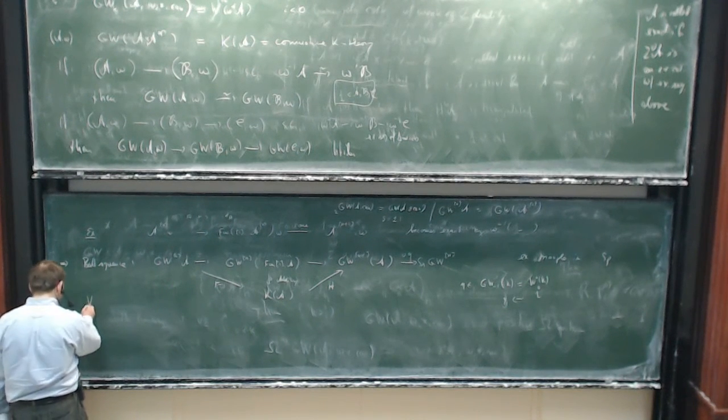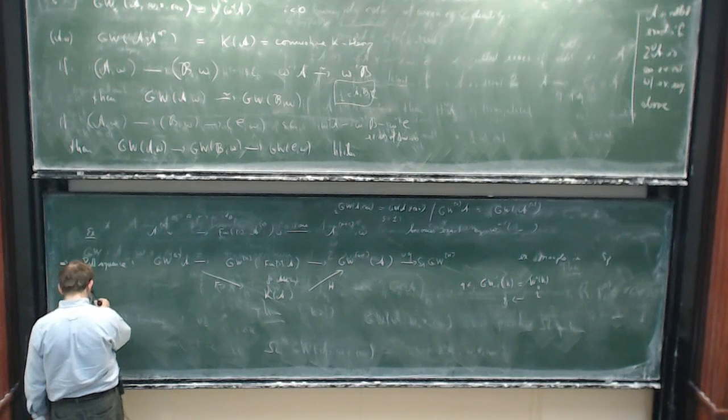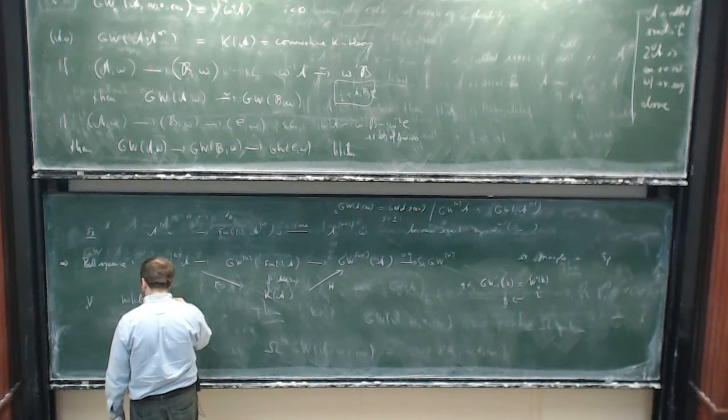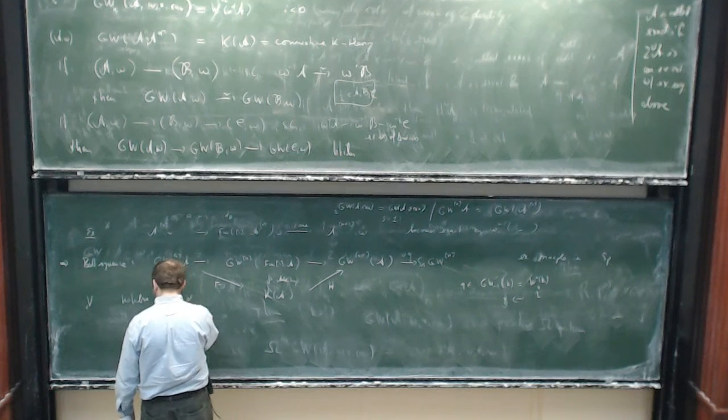So now Karoubi makes a definition that this is the homotopy fiber of the forgetful map. V stands for forgetful, which should be easy to remember.